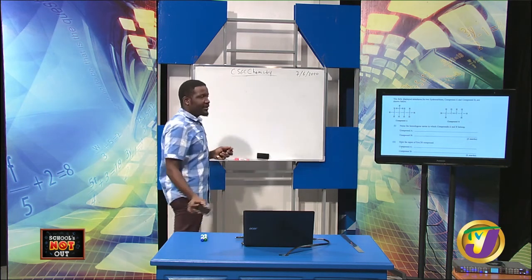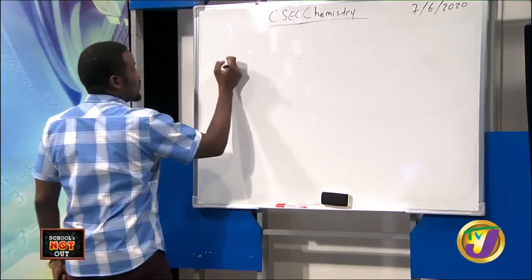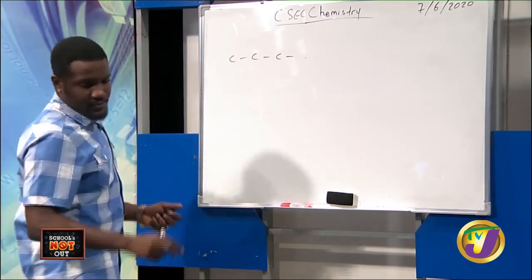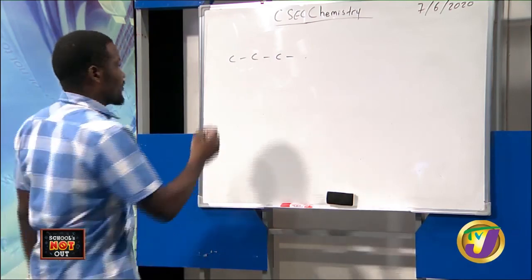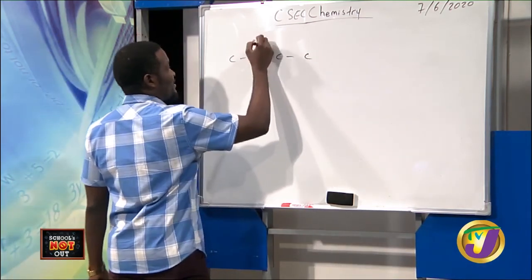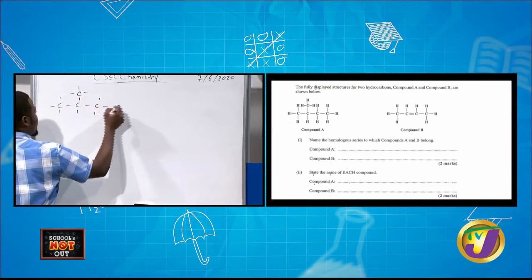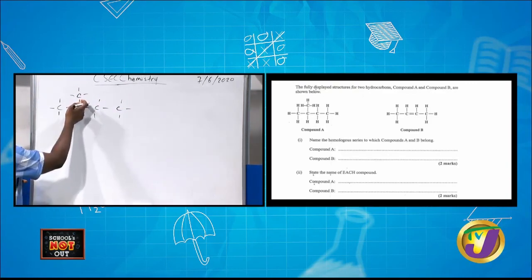So compound A, right, is 1, 2, 3, 4, right? And you have a C group coming off of it. All right, so all we can do for this is just move this to the side.